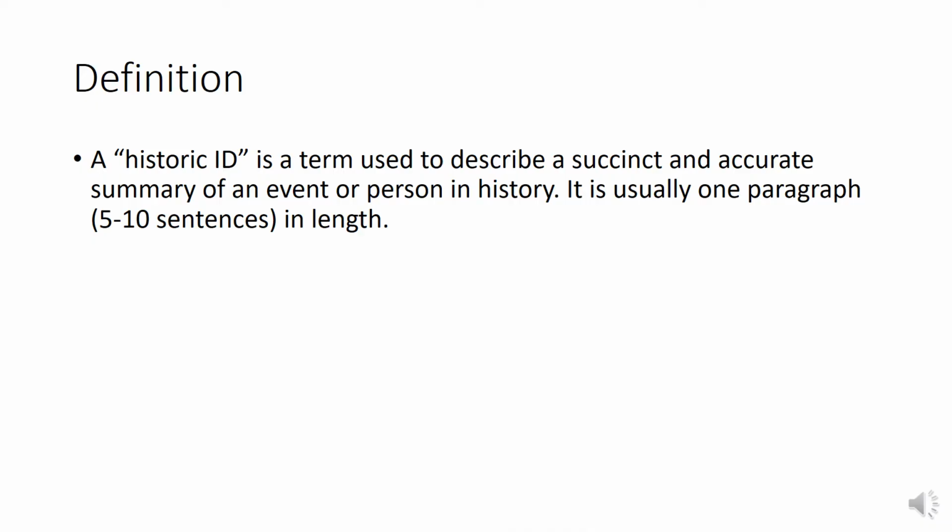So you want to be more familiar with those key terms and know a little bit more detail. But basically the definition: a written description, a very succinct and accurate summary of an event or a person in history. Sometimes it's also a law.